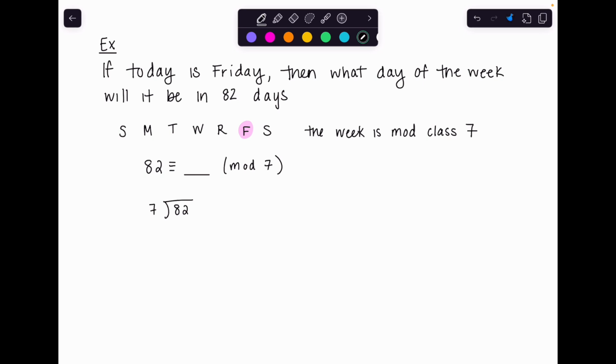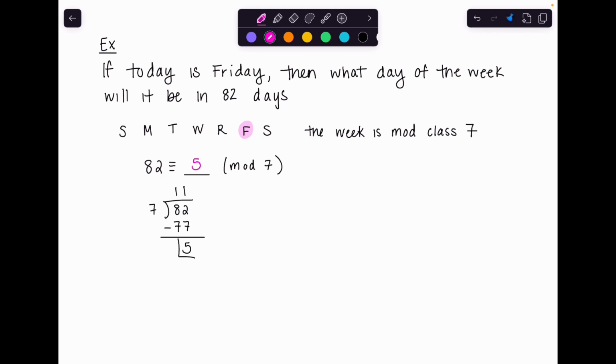If you take 82 and divide it by 7, it will give you 11 point something. So going through 11 times 7 gives you 77. Subtracting the 2 results in 5, and that number is less than 7. So 82 is equivalent to 5 under mod class 7.